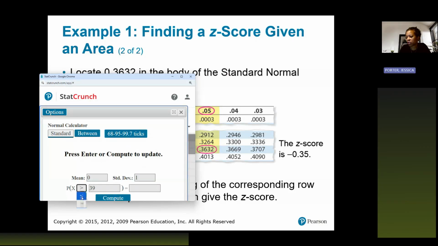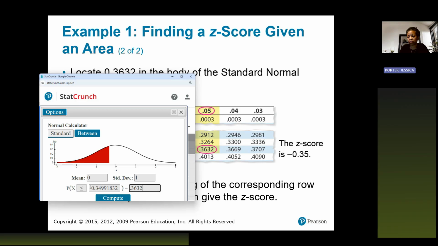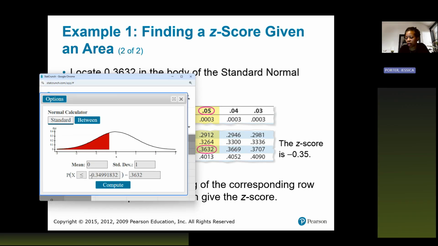The area we said was 0.3632. So I'm going to put it in the area box in the bottom right and then enter. And then it gives me what the z-score is. Okay, so that is how you do it in StatCrunch.